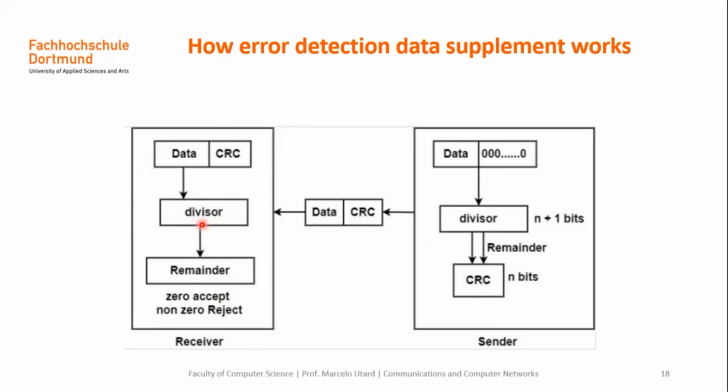We have to get a remainder of 0, but if the remainder is not 0, it means that an error is detected, and in that case the Ethernet frame must be discarded.